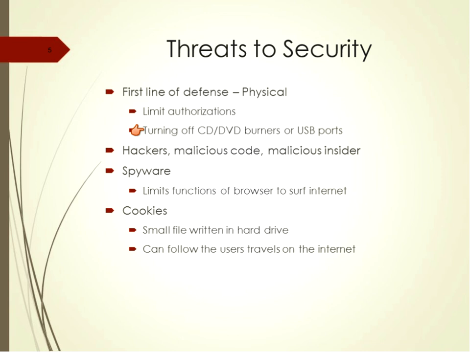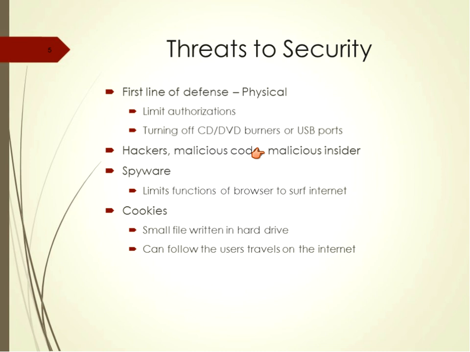The most common threats a corporate network faces are hackers, malicious code like spyware, viruses or worms, Trojan horses, and malicious insiders. The number one security threat to a corporate network is the malicious insider. Acceptable use policies help to address these problems. For example, employees may be restricted from downloading files from the internet.